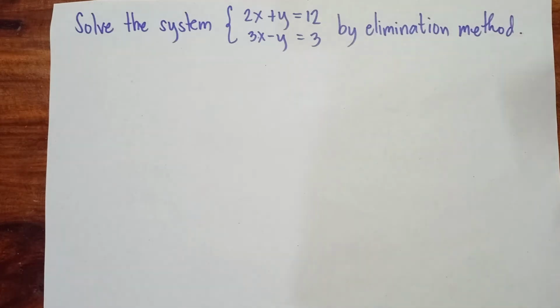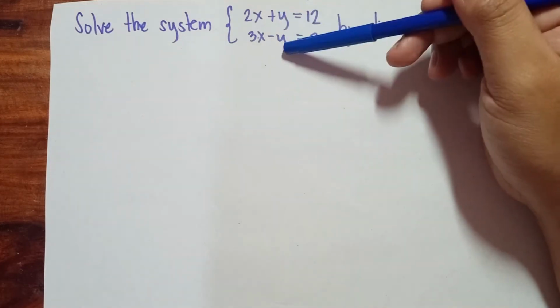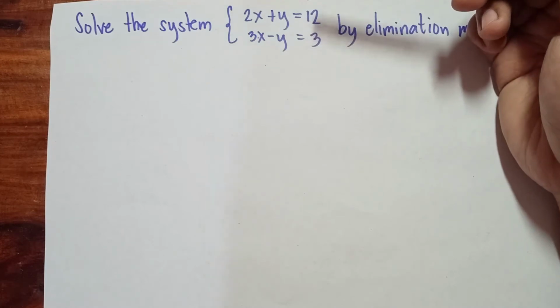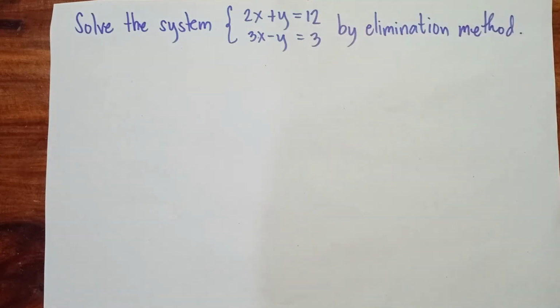Okay, so they are opposite or negative or additive inverses. Okay? So, no need na mag-multiply tayo mga boss ng non-zero constant kasi pwede na nating ma-eliminate yung y. Kasi yung mga coefficients ng y are additive inverse with each other. Okay? So, ang gagawin natin is i-add na lang natin yan mga boss.